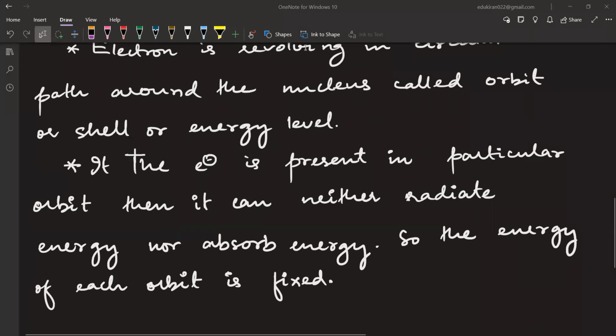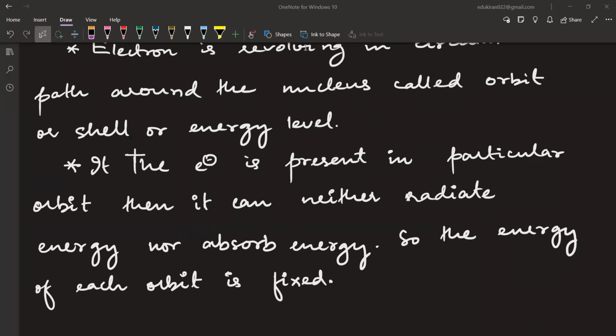Okay, आराम से लिखिए. Done? लिख लिया आप लोगों ने? Yes. Okay, fine.